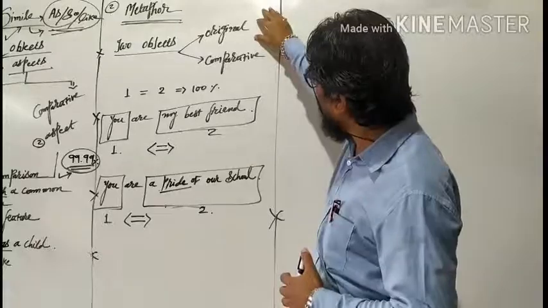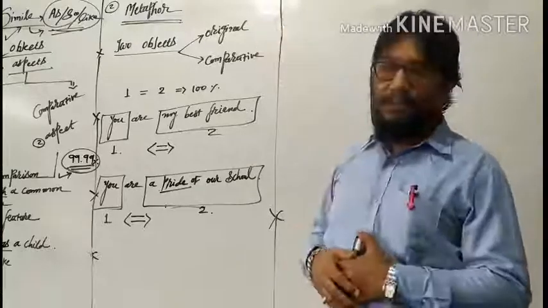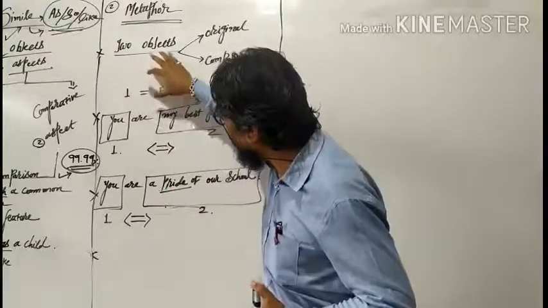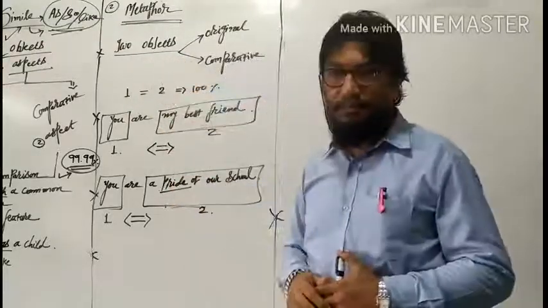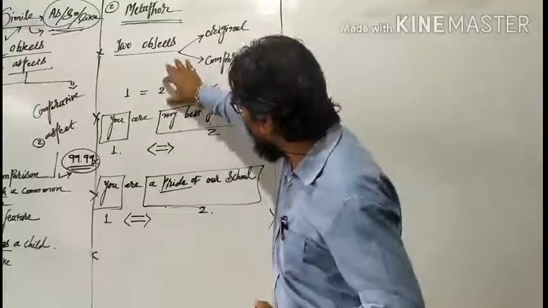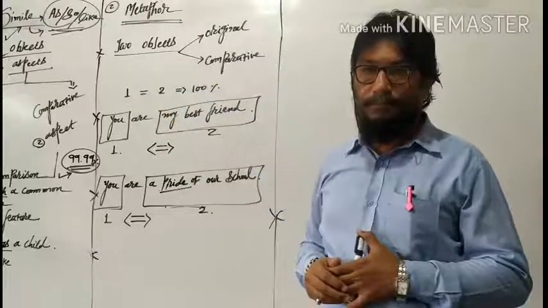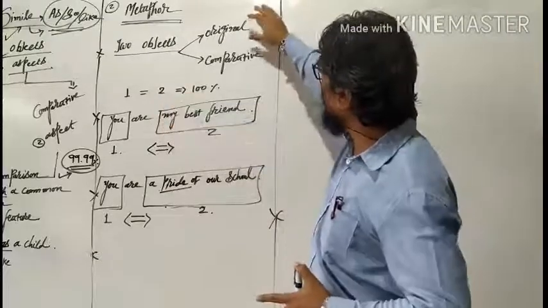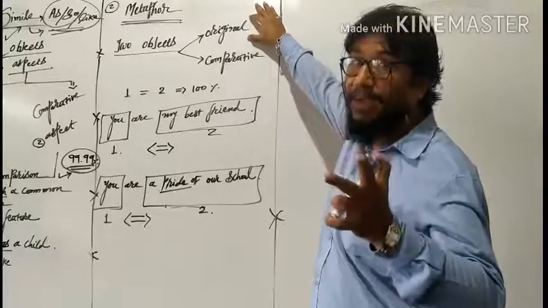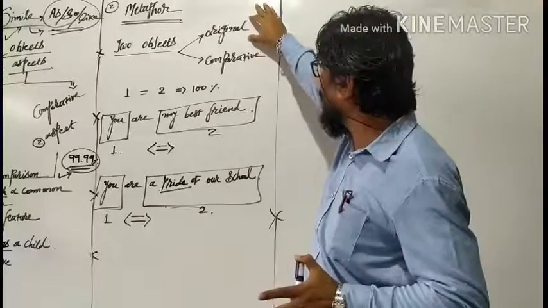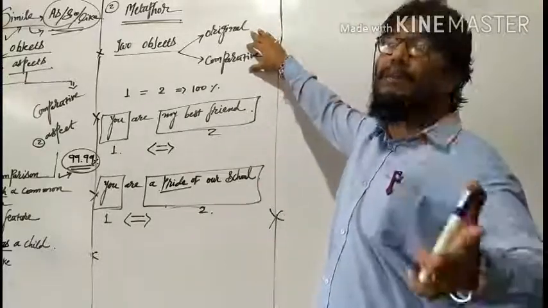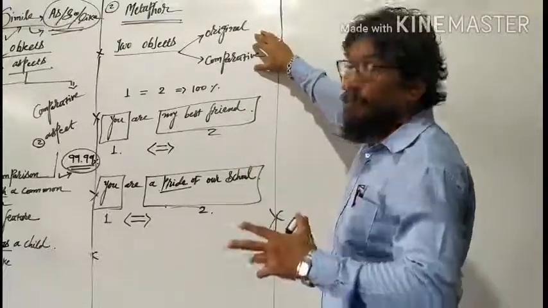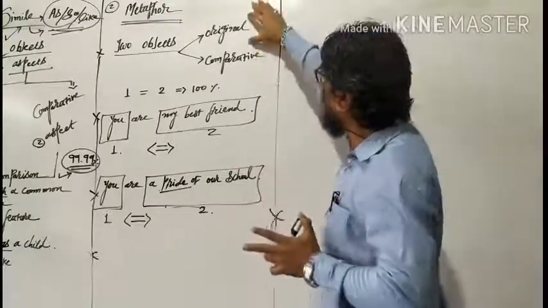One would be the original aspect, another one would be the comparative aspect. But one thing is there: here 1 is equal to 2, and the reverse, 2 is equal to 1. It means the original aspect or object is 100% equal to the comparative aspect, or in reverse, 100% similarity between the comparative aspect and the original aspect.